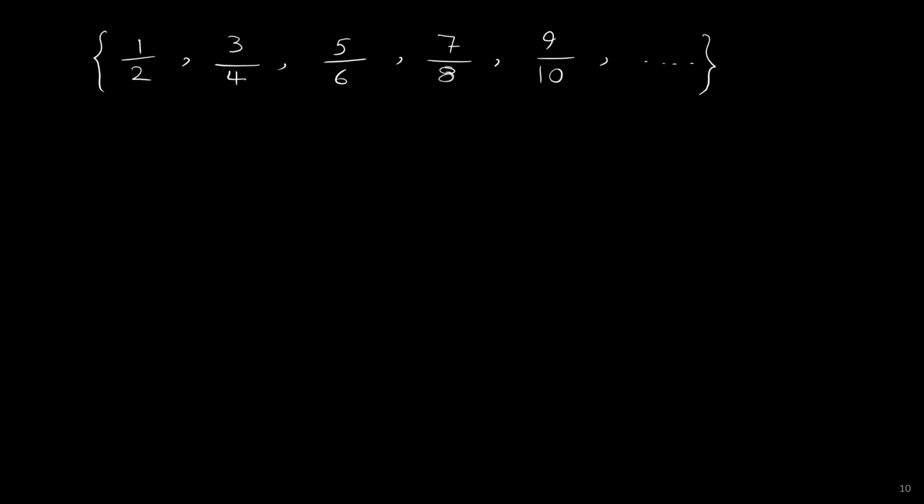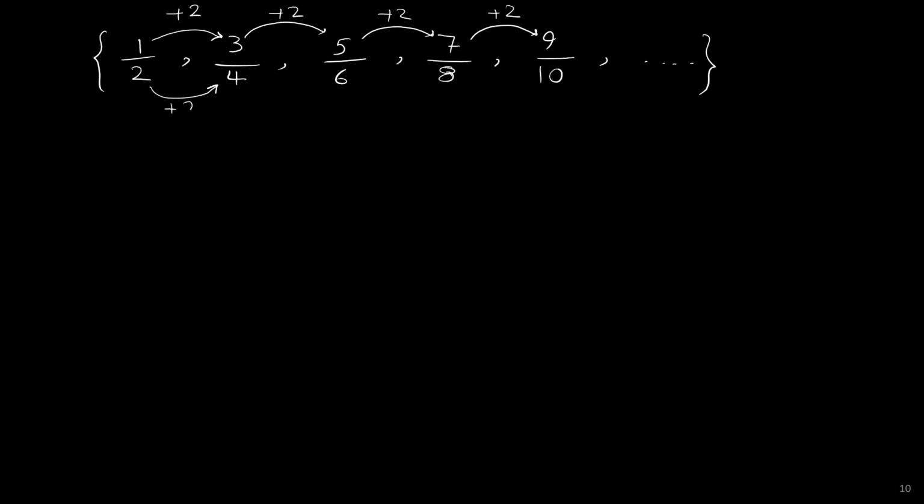And if you pay attention, each number differs from the previous number by 2. 1 plus 2 is 3. 3 plus 2 is 5. 5 plus 2 is 7. 7 plus 2 is 9. And the same situation is in the denominator.